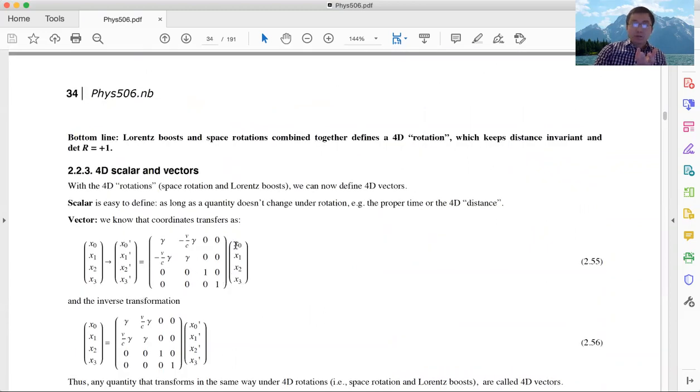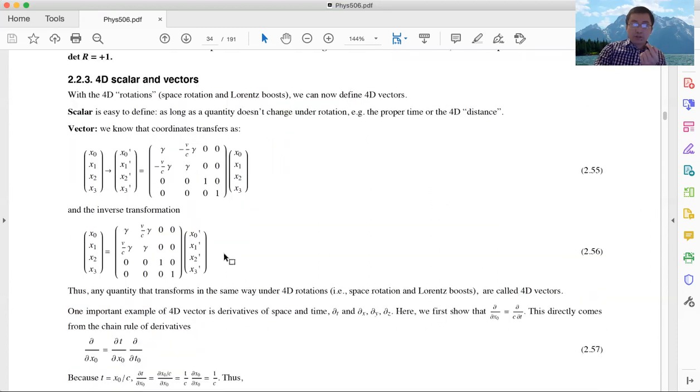Coordinates are the first vector we define, and we know the coordinates, under 4D rotation, say a Lorentz boost, follow this transformation. So if we have another 4 numbers organized together, and these 4 numbers follow the same transformation under Lorentz boost and under spatial rotation, then we call it a 4D vector.